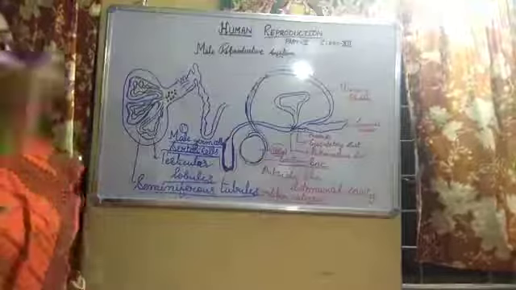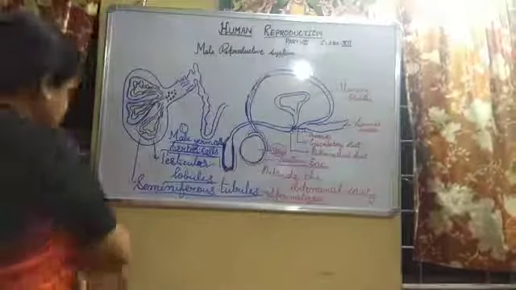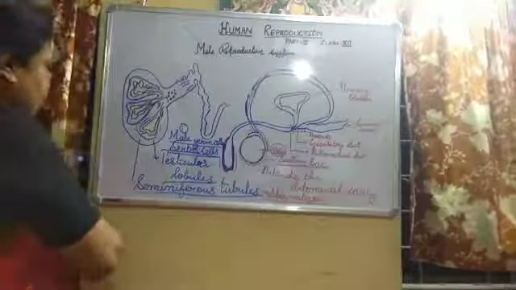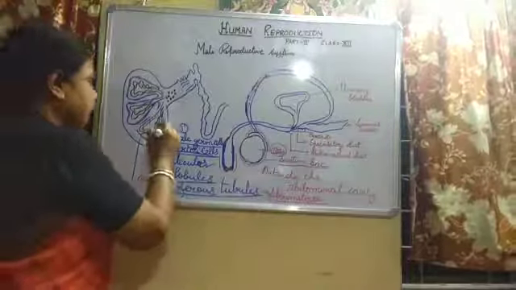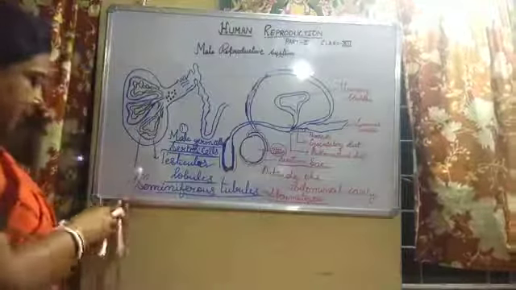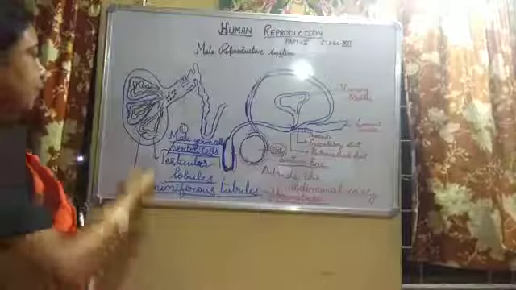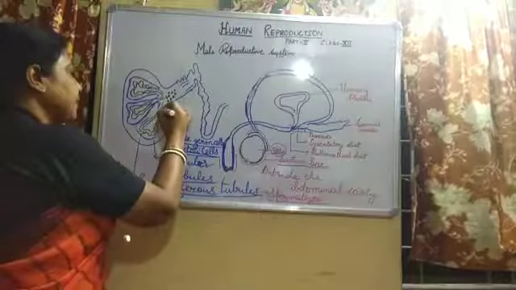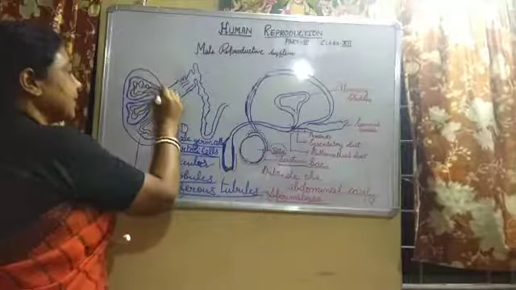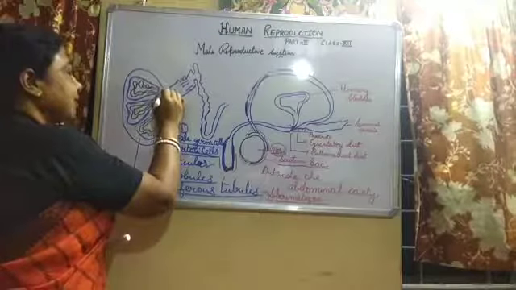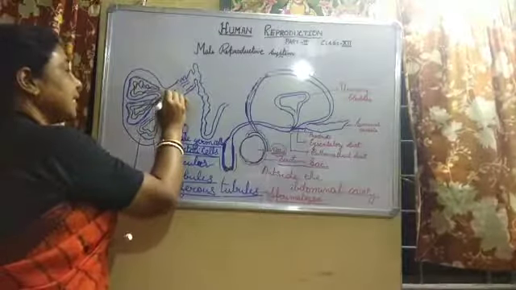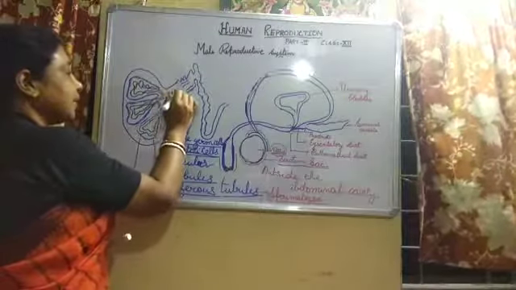Now, next what is going to happen? We will see to that. Now see children, the sperms, the spermatozoa, after production through the seminiferous tubules, will get collected in this region. Can you see this region?